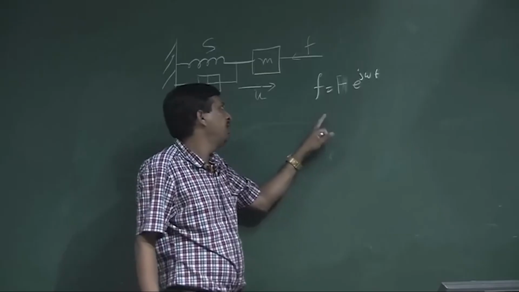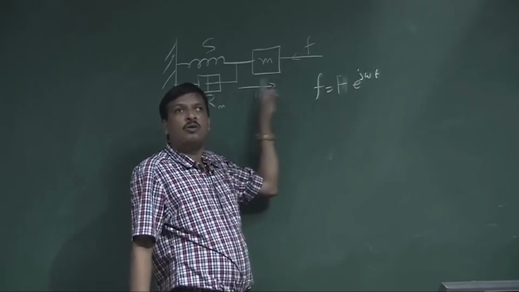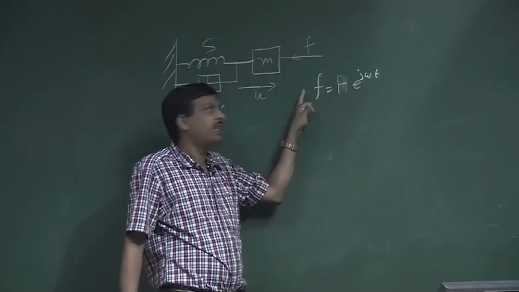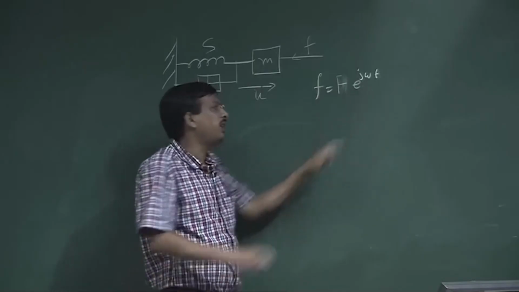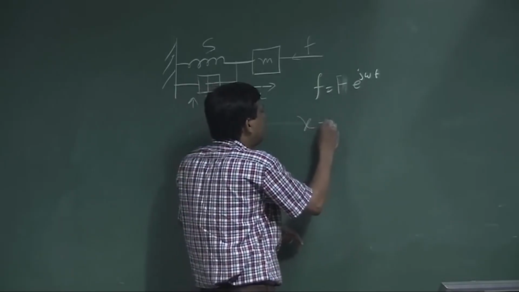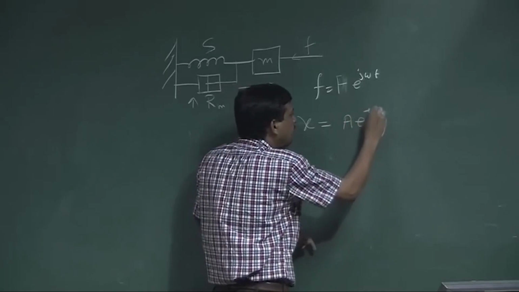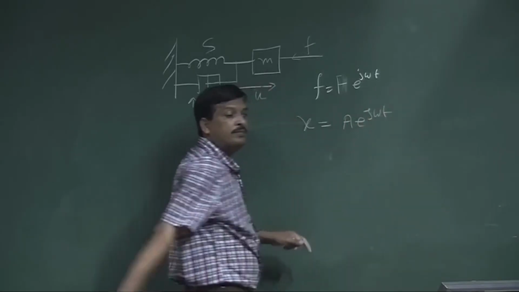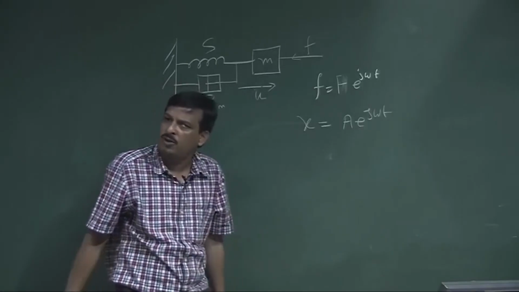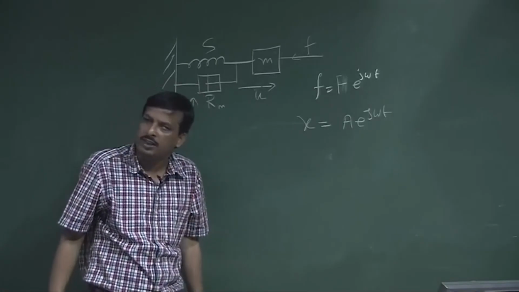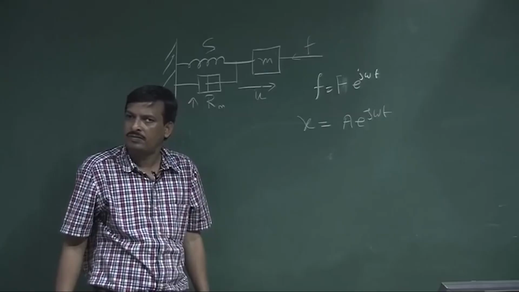I said that in steady state the oscillator also oscillates at the same frequency. So, I can write x is equal to A e to the power j omega t. A is the displacement amplitude and omega is the frequency of the oscillation.